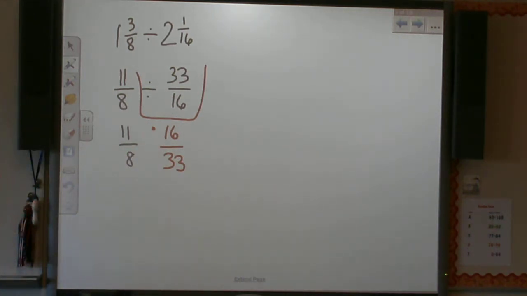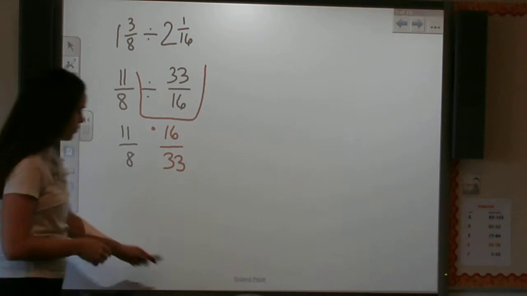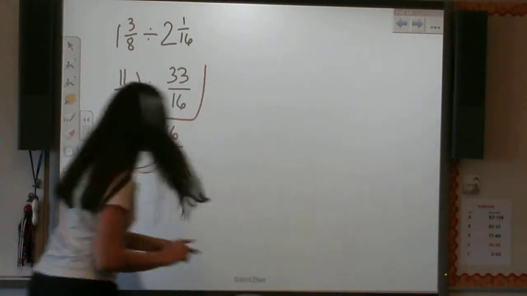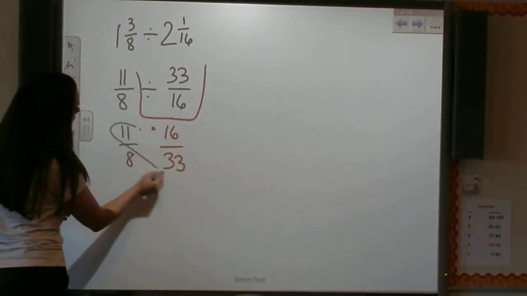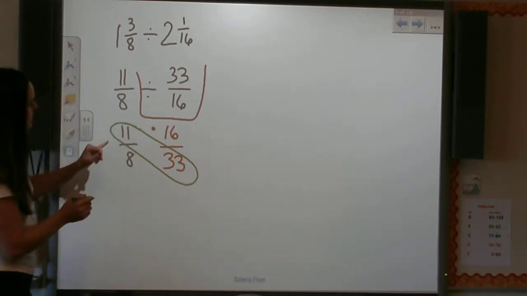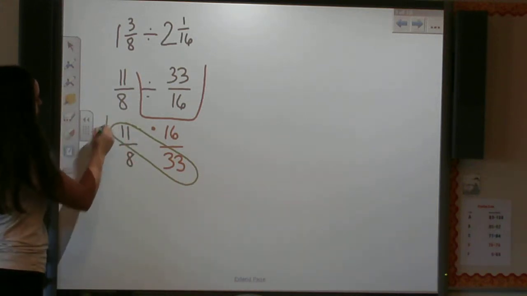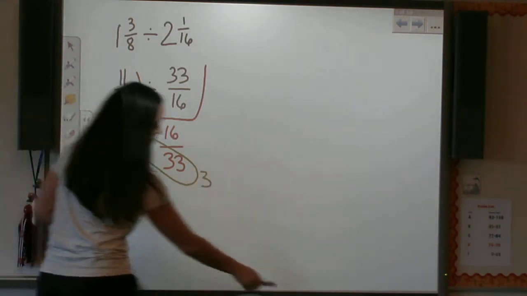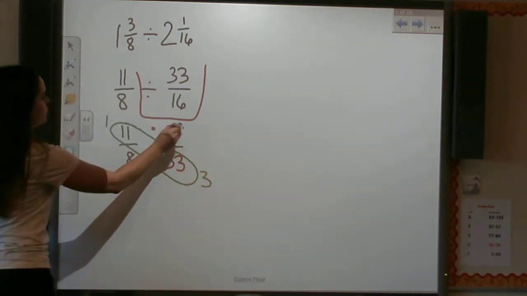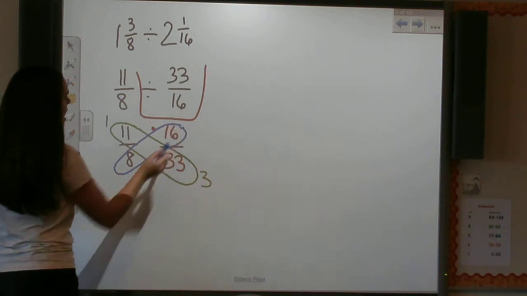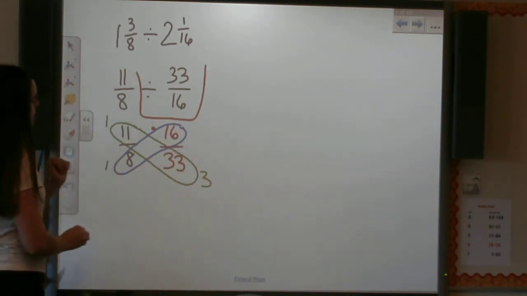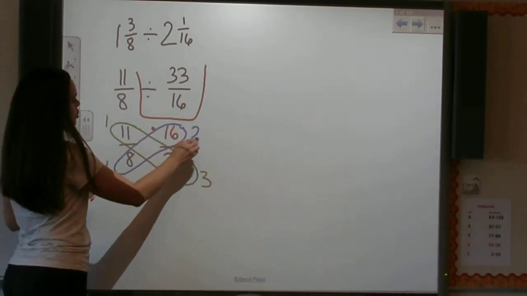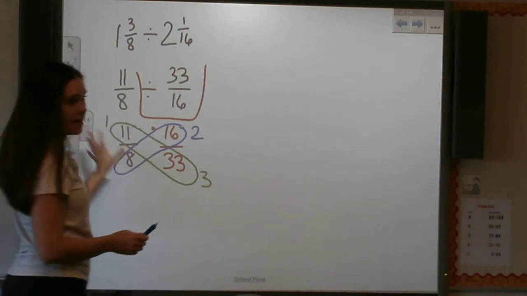We can actually reduce both the numerator and the denominator of both fractions. So if I look at this direction, I can see that 11 will go into 11 one time, and 11 will go into 33 three times. And if I look in this direction, 8 will go into 8 one time, 8 will go into 16 two times. So I'm going to rewrite this.